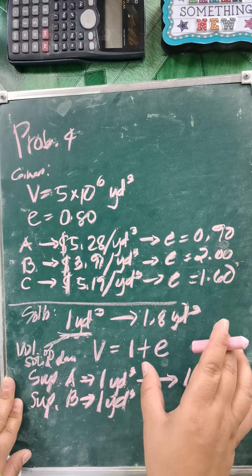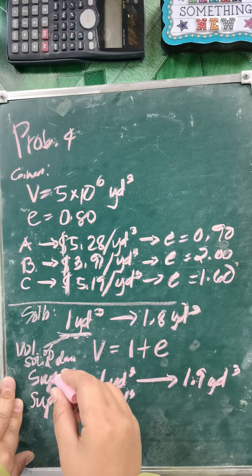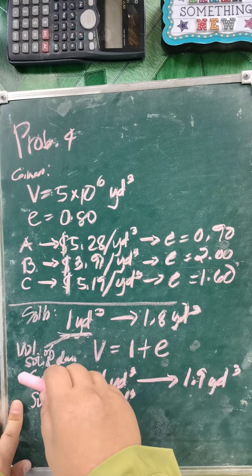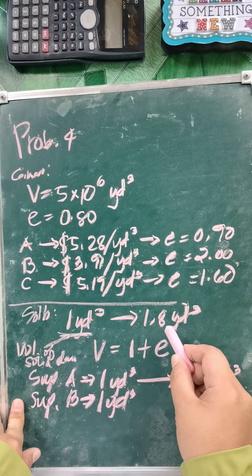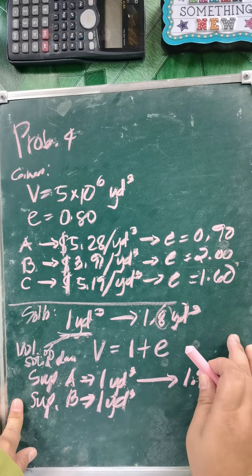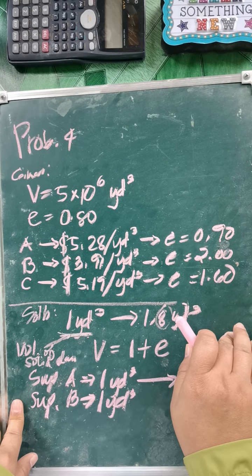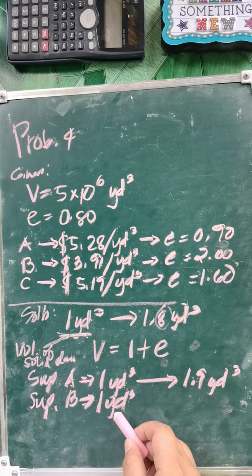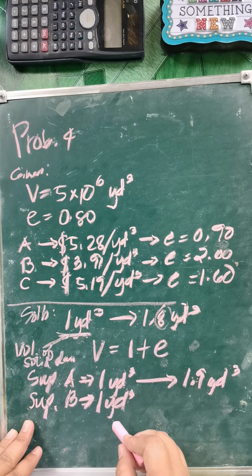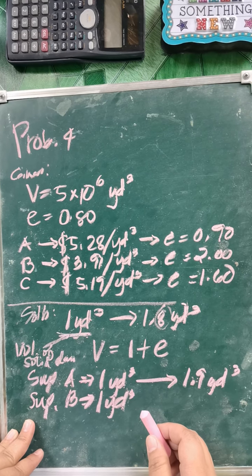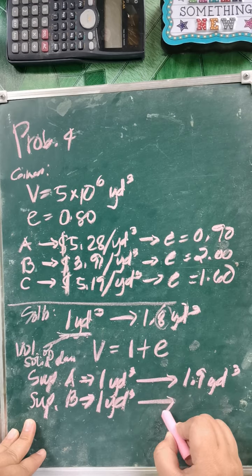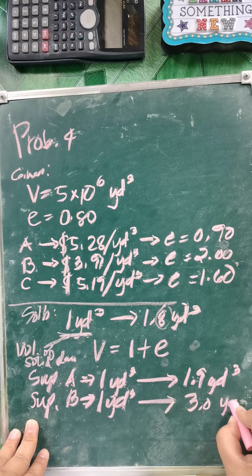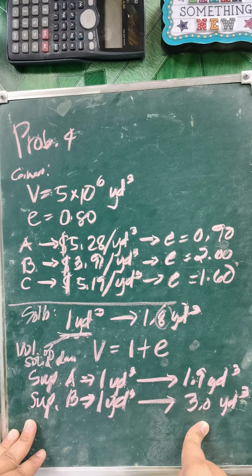The quantity of soil that we're going to need to fill in 1 cubic yard of solids in the dam is 1.8, considering the void ratio of 0.80. So we have supplier B, for 1 cubic yard of solids in the dam, we add 1 plus 2, that is 3.0 cubic yards of fill.